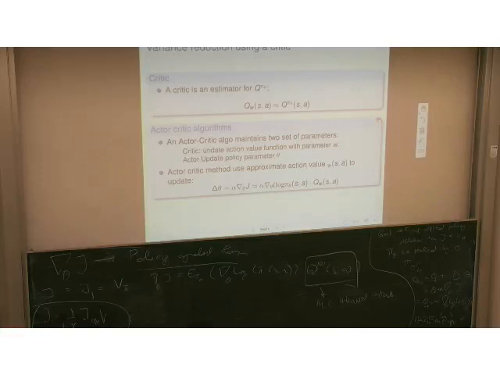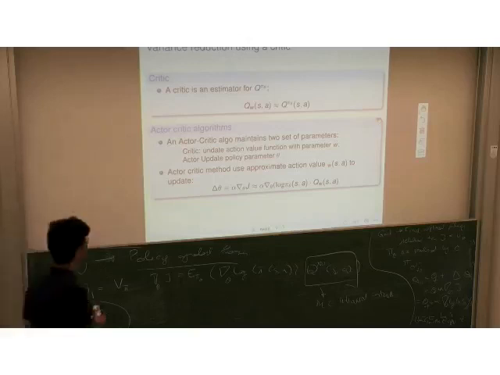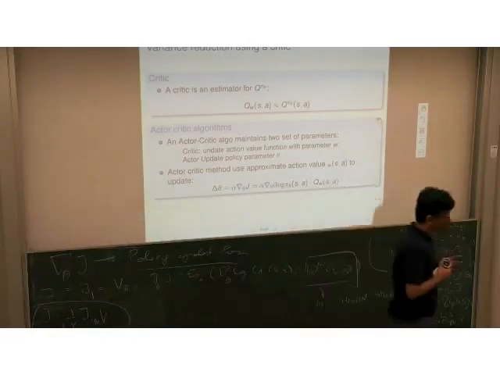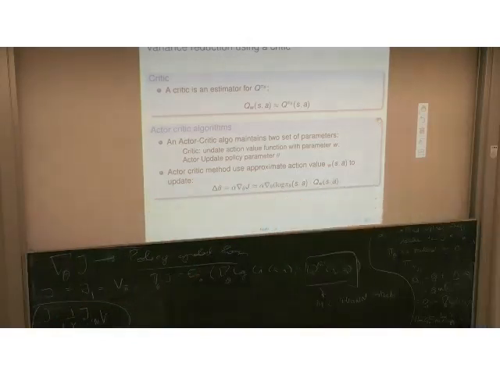Your main problem becomes reducing the variance. So for the rest of today, we're going to think about various ways of reducing the variance.